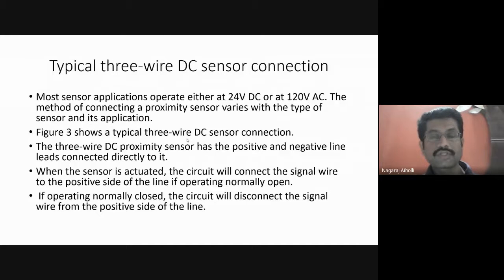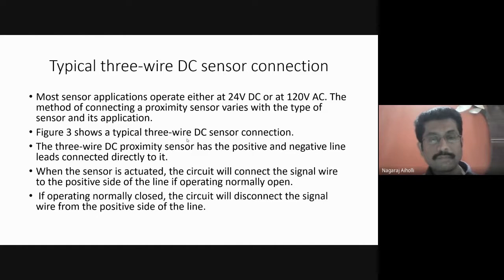For an inductive sensor, the method of connection may be different. For a capacitive sensor, the method of connecting may be different. And based on the field application, the method of connection will vary.